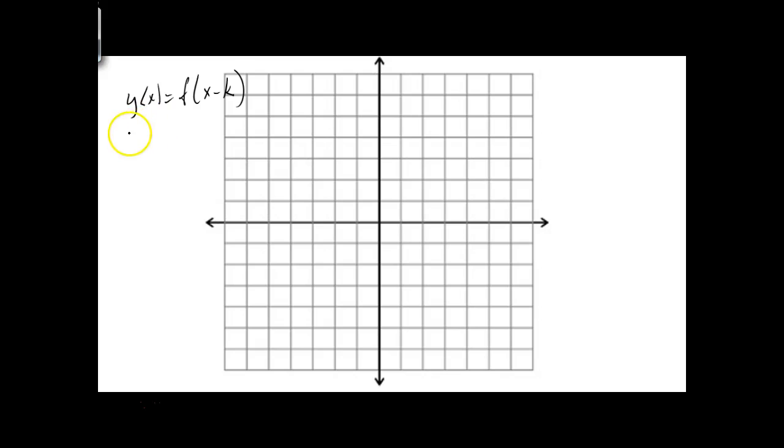If you had some other function, y of x is equal to f of x, then this would be a horizontal shift to the right. So if this thing were doing like this, it would now go like this. It's shifted to the right k units. From here to there would be your horizontal shift of k units. Okay?